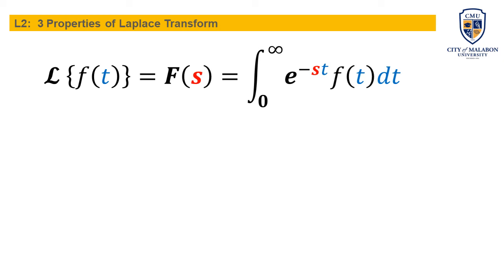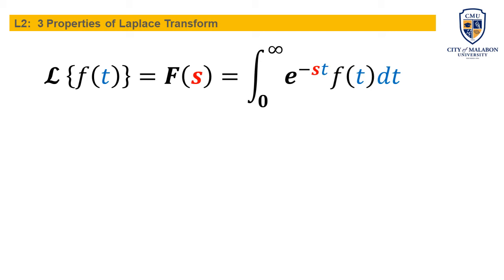Kaya siya tinawag na transform kasi nag-iiba na yung ating variable pag na-transform natin siya. And ang kanyang definition, it is the improper integral from 0 to infinity of e to the minus st times the function f of t dt. Okay? So again, ito yung gagamitin nating definition sa pag-aaral natin ng Laplace transforms.